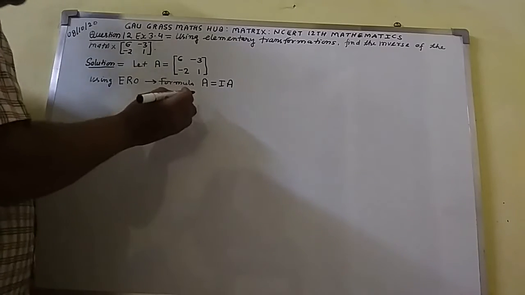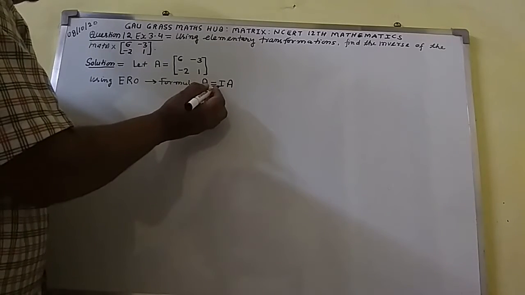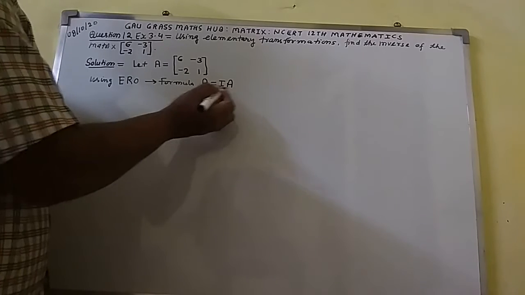Here capital A is the given matrix, I is the identity matrix, and A is the given matrix.